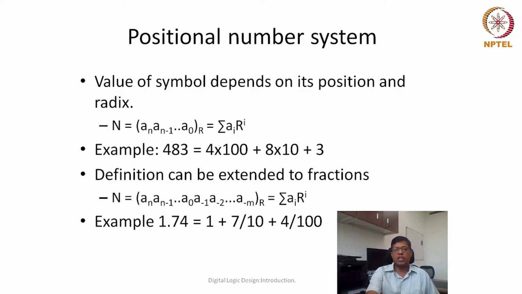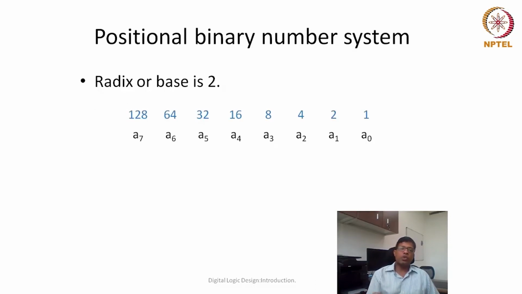Let us see it using this example. When the radix or base is 2, then it is a binary system. The total number of symbols available to us is only 2, that means 0 or 1.